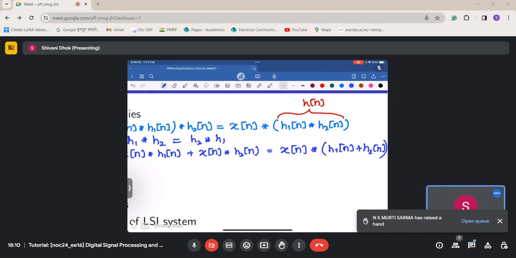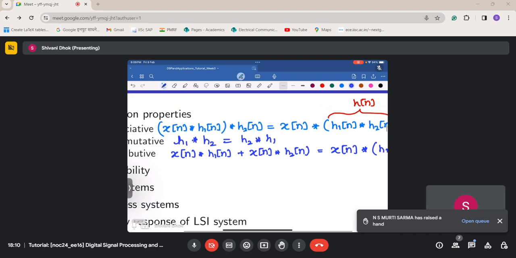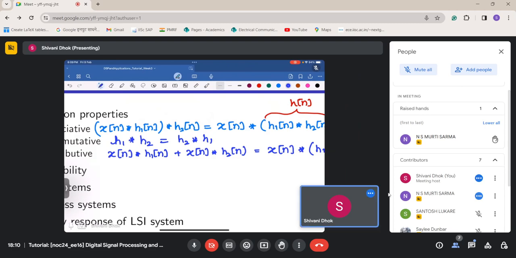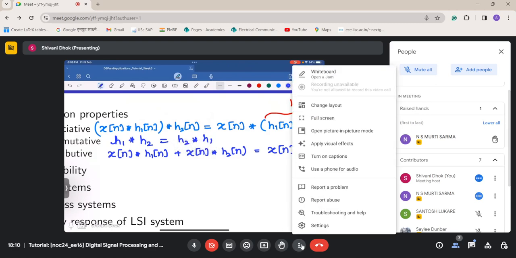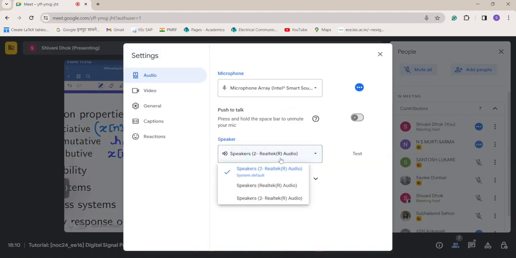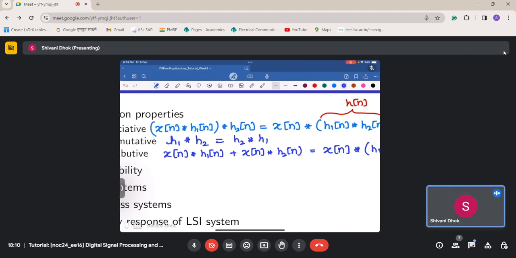Yes, please ask your query. You are asking about the associative property of convolution.